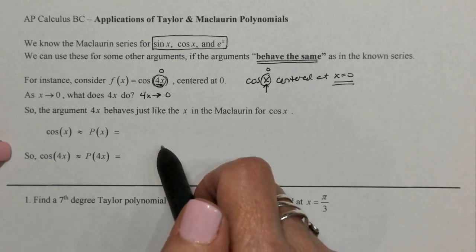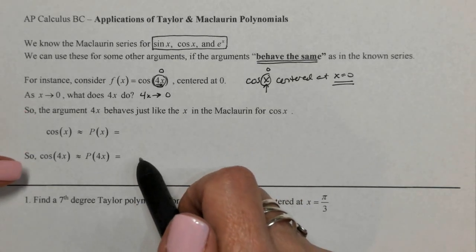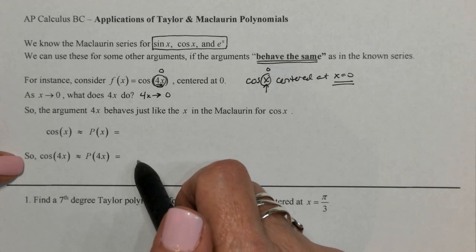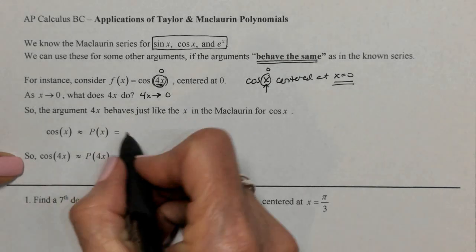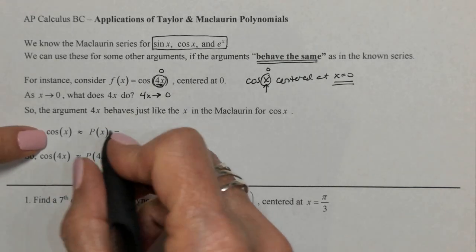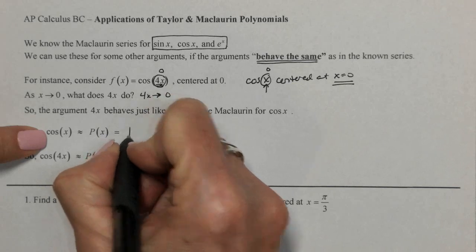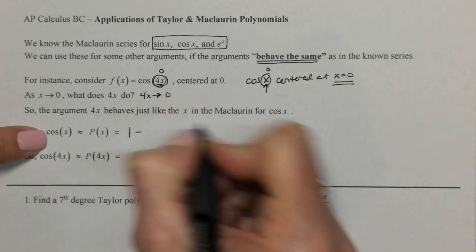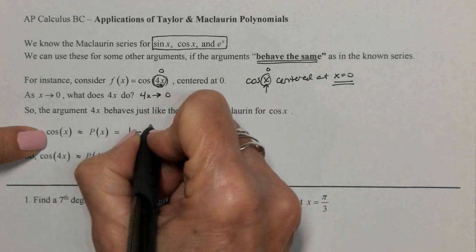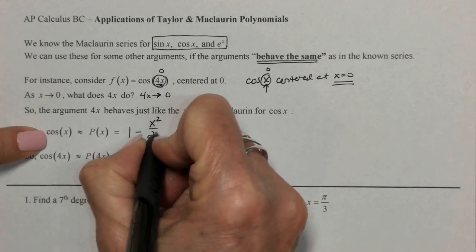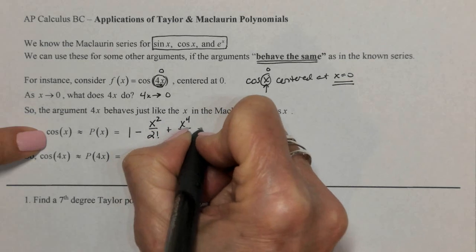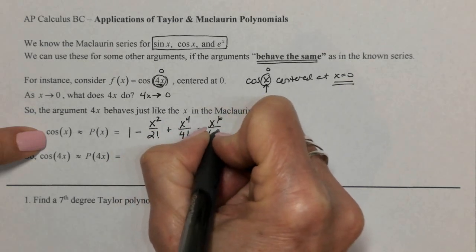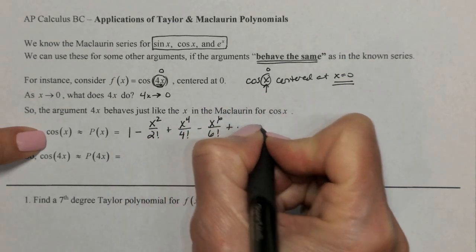memorized series for cosine to immediately get the series for our new function, without having to go through all of the derivative process. So our series for cosine starts with a 1, and then we alternate signs: minus x squared over 2 factorial plus x to the 4th over 4 factorial minus x to the 6th over 6 factorial plus dot dot dot.